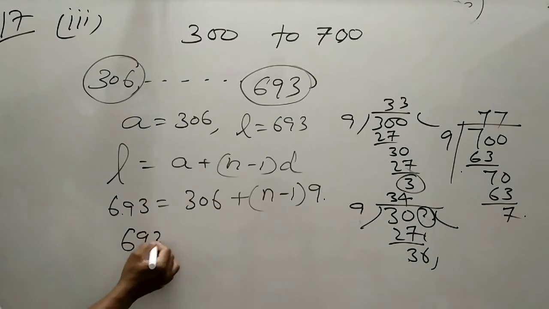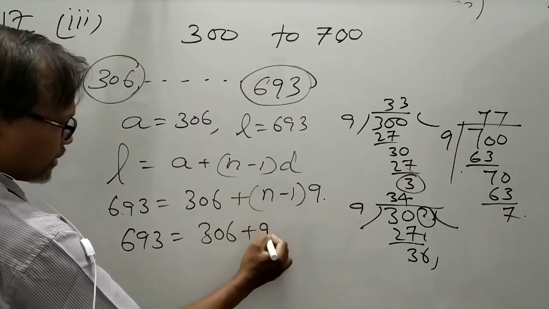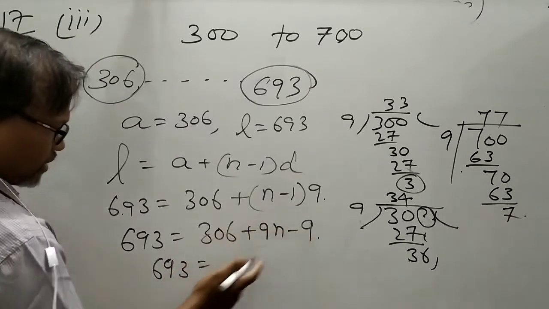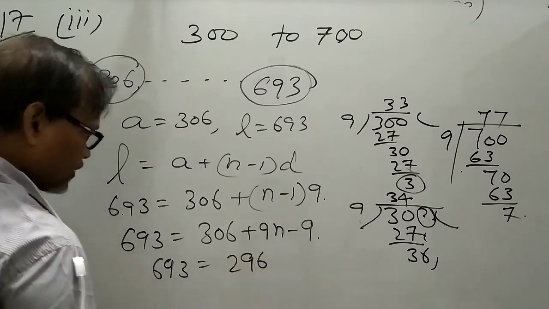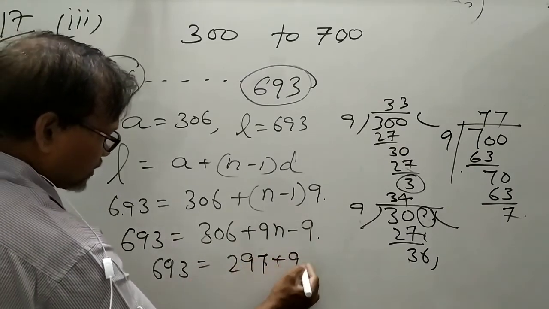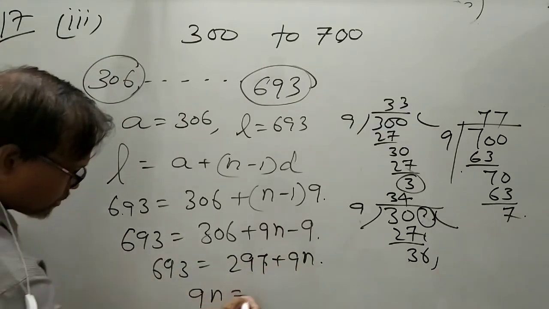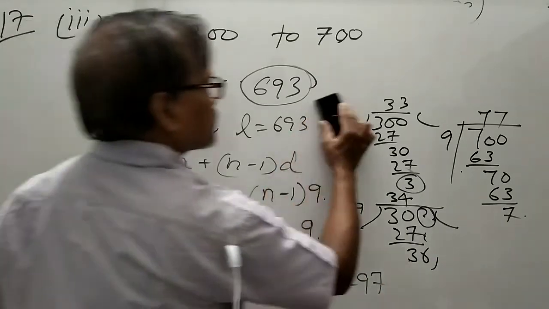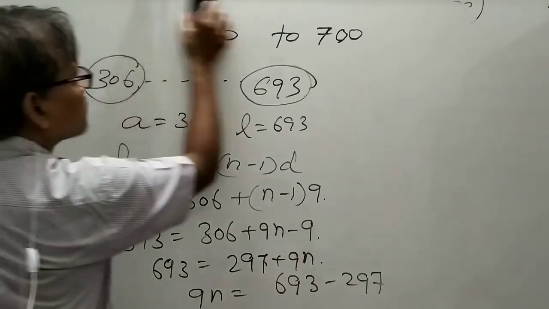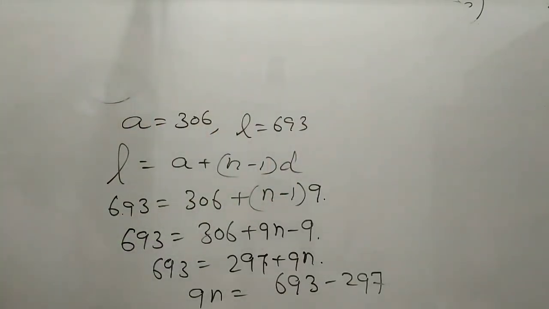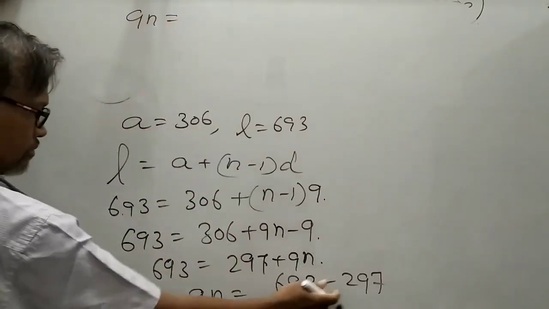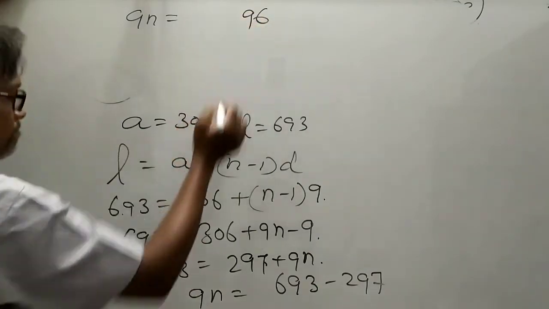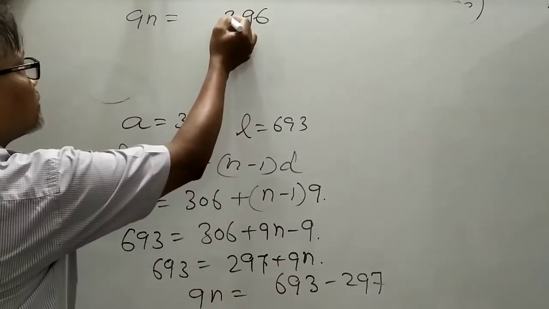693 equals 306 plus (n minus 1) times 9, so 9n minus 9. So 693 is equal to 306 minus 9, that is 297, plus 9n. Subtract: 693 minus 297, 9n is equal to 396.